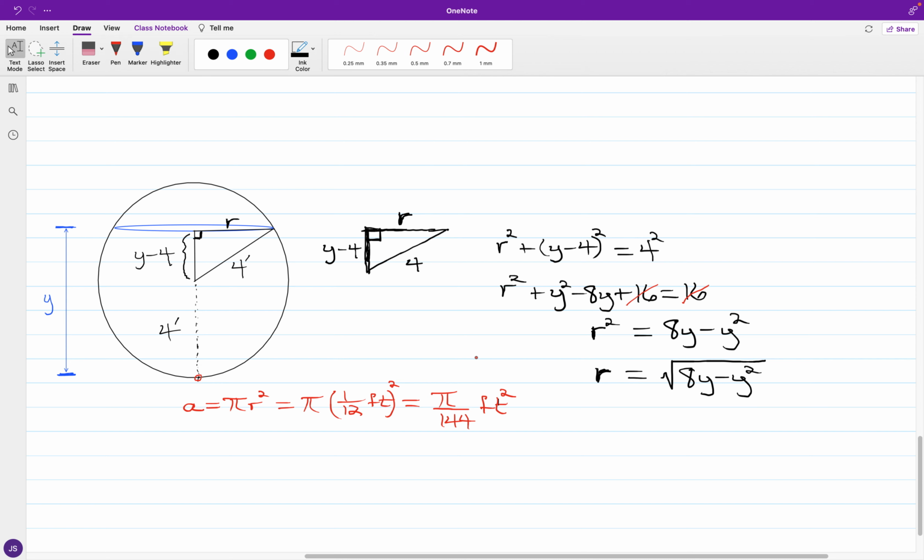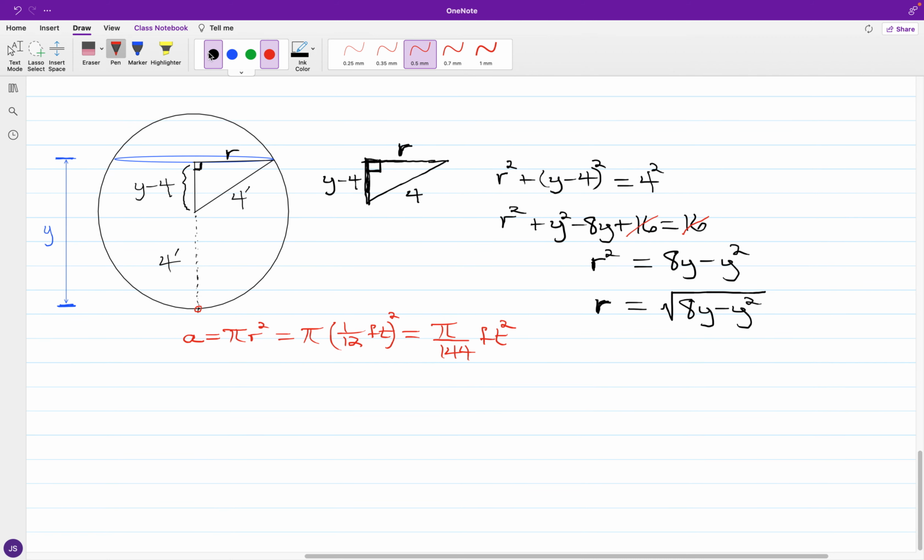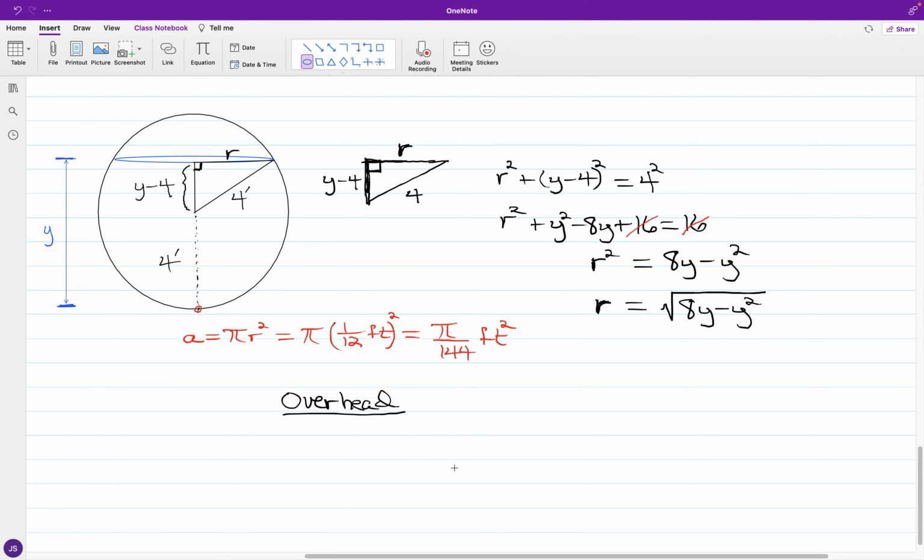Now, in terms of establishing the cross-sectional area, if we provide an overhead view, I'm going to place two circles, one inside the other.